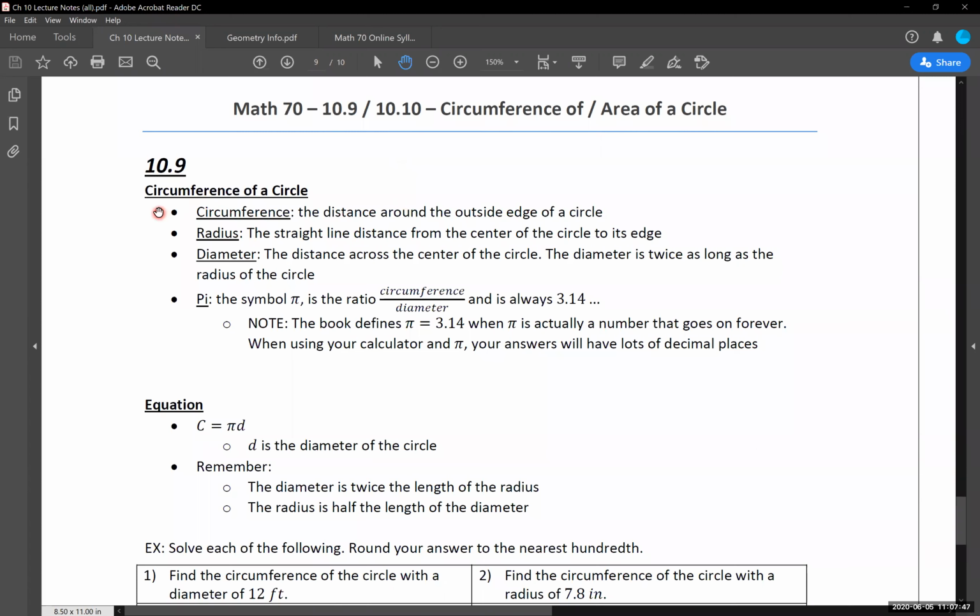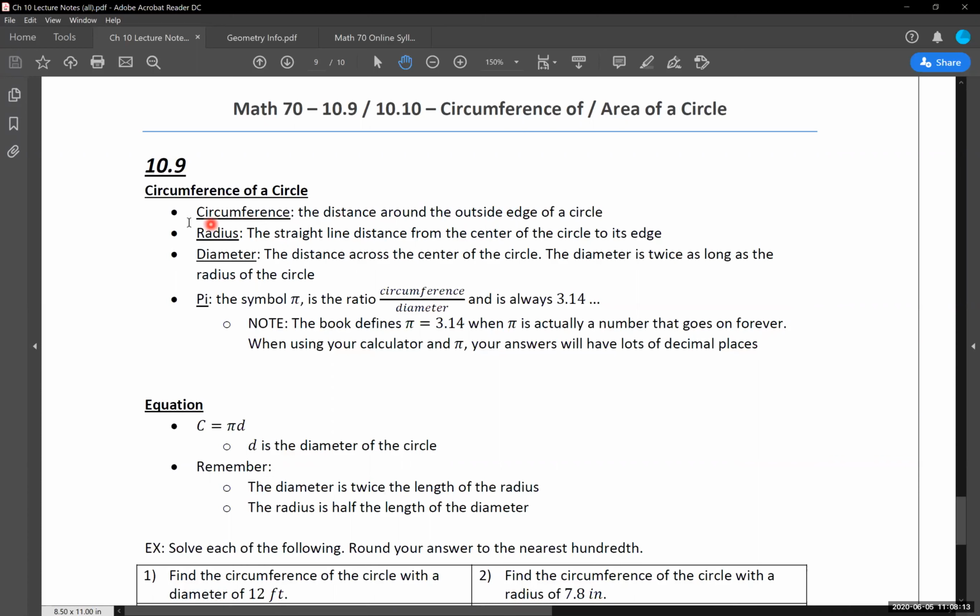And our definition of the circumference is the distance around the outside edge of a circle. So previously, up to this point in time, we had worked with the idea of the perimeter of a shape, the perimeter of a rectangle, the perimeter of a square, of a pentagon, things like that. And the perimeter is the general term that also equates to the distance around the outside of a shape.